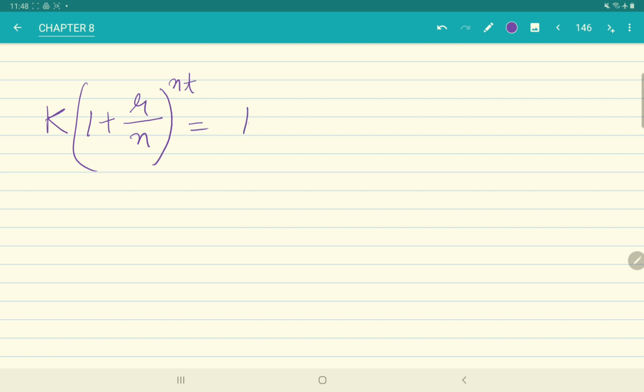So I can write that as k. When I write 1 plus r by n, I know r by n is equal to 1 by m, so I write that. And n is equal to mr, so I write mr t.